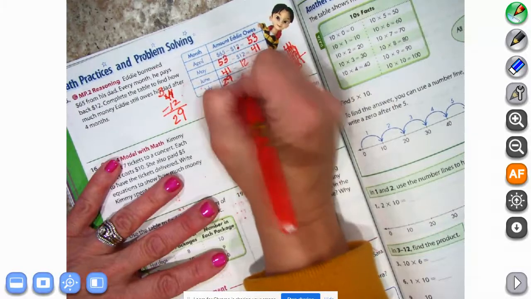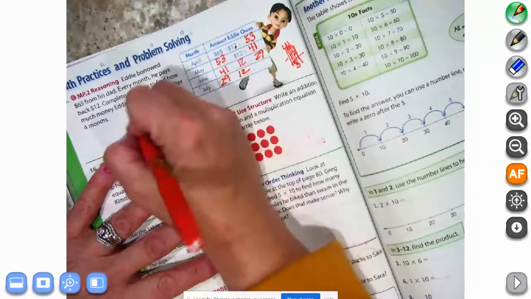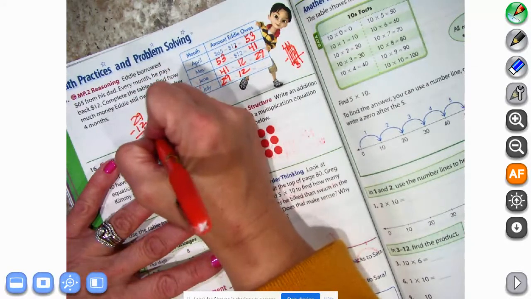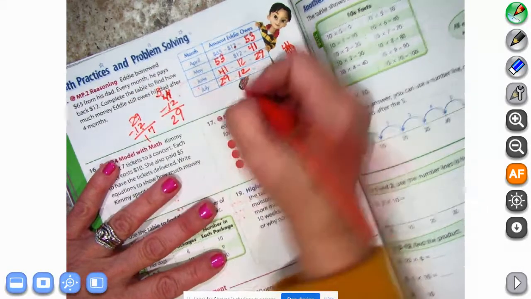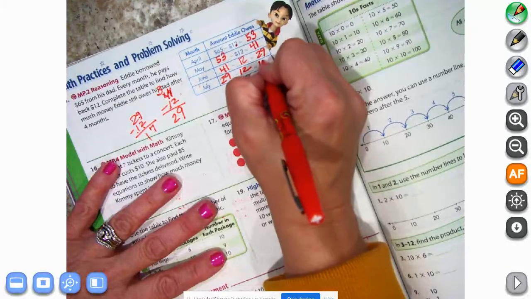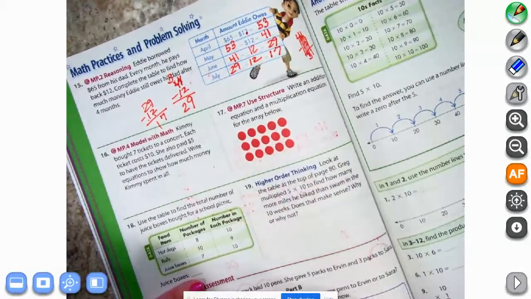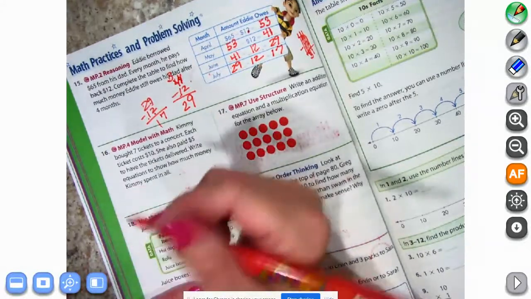And then 29 minus 12. 9 minus 2 is 7, 2 minus 1 is 1. 17. So complete the table to find out how much money Eddie still owes his dad after 4 months.